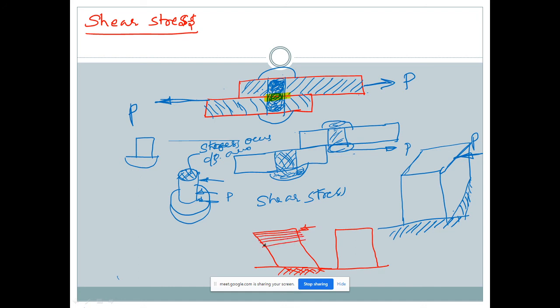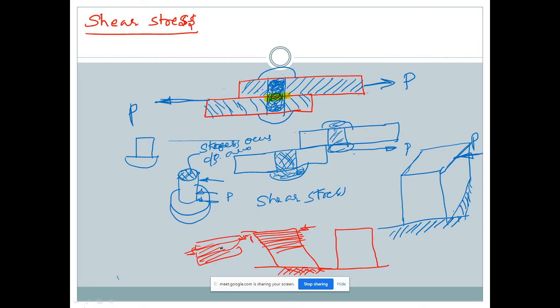This layer tries to slide. If you consider this is one layer, this is another layer, this is another layer, now if you apply the load here, this layer tries to slide one over another, adjacent to each other.